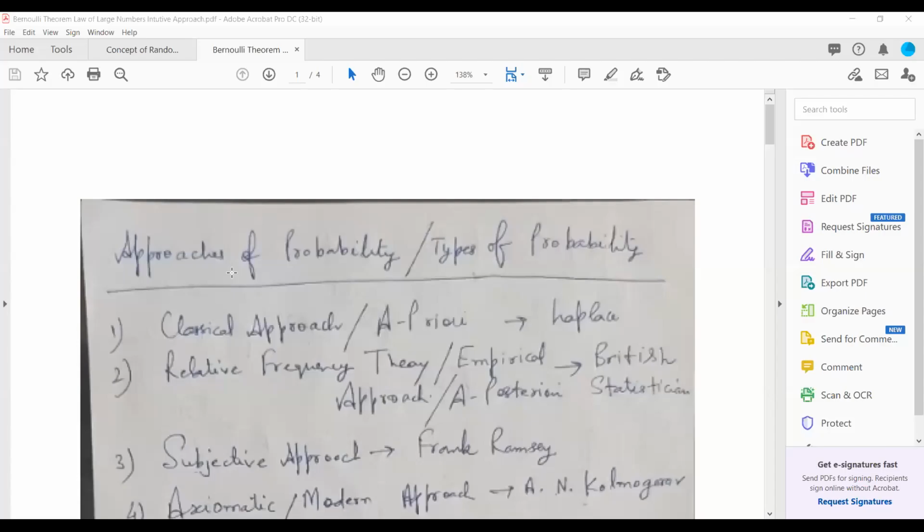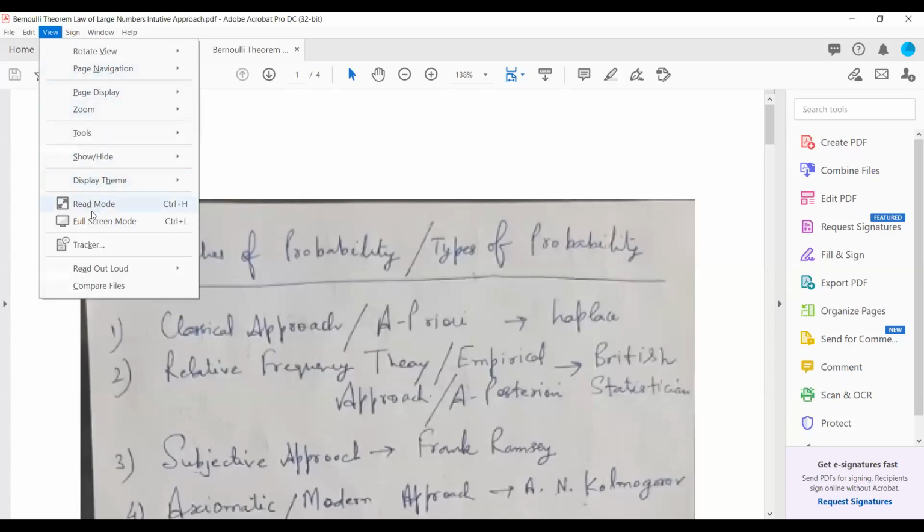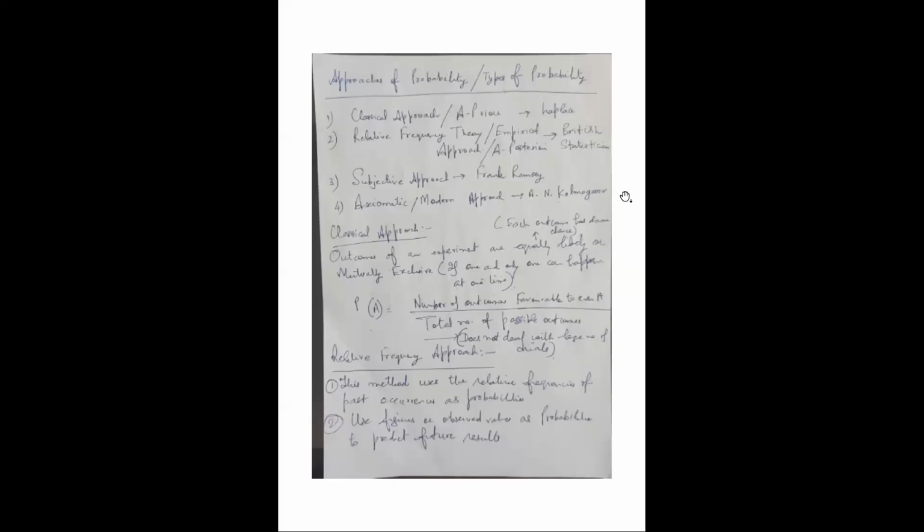Okay, let us look at the various definitions of probability, right? Now, you all know what probability is, but let me define it systematically and in a slightly explanatory way. Approaches to probability can be of 4 types.